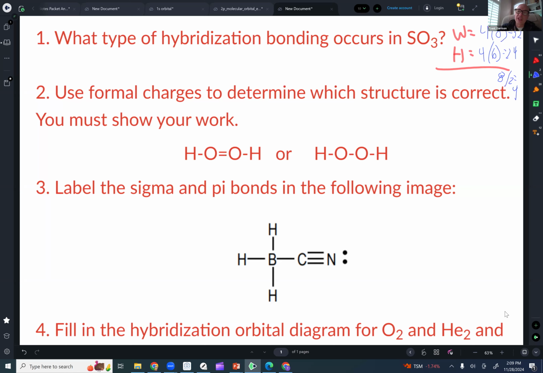The sulfur is the first element, so it sits in the middle, and then it has oxygens around it, and you can simply put one of them as a double bond. It doesn't matter where that double bond is. This is called resonance structure.